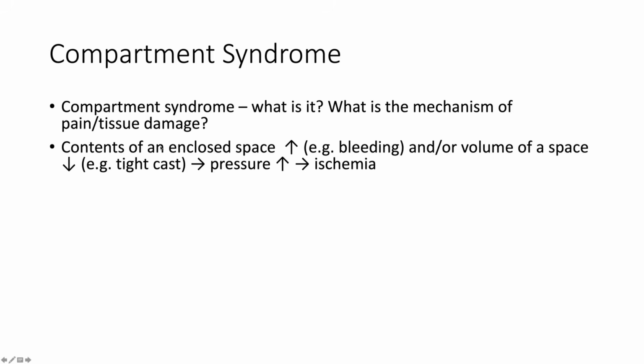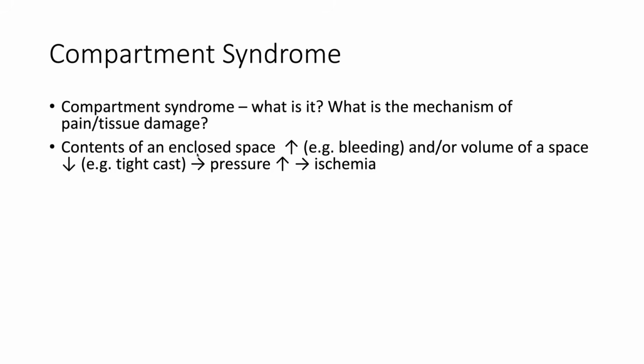Yeah, I think your explanation is actually better than mine. Basically, the idea is that in an enclosed space, you have fascia. Fascia is a really fibrous, tough, non-distensible tissue that surrounds your muscles. It's basically like a very thin but very tough cast around your muscles.